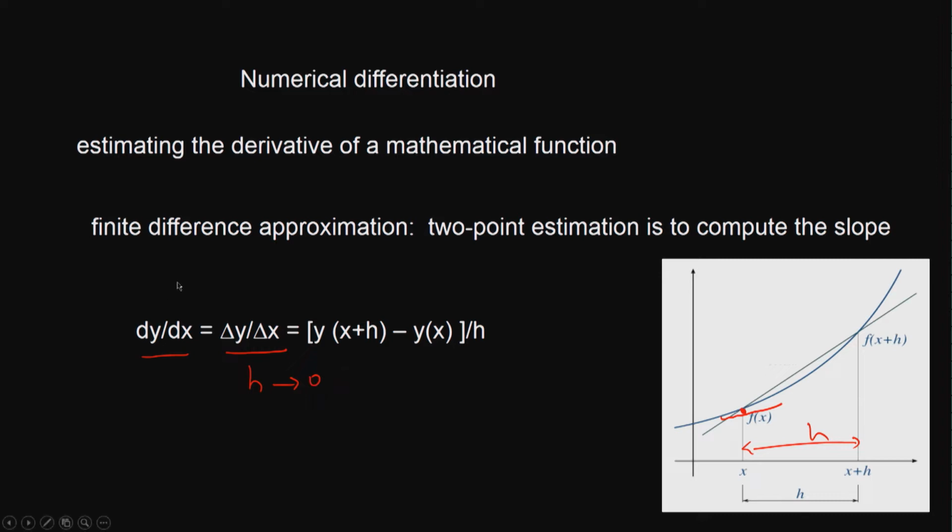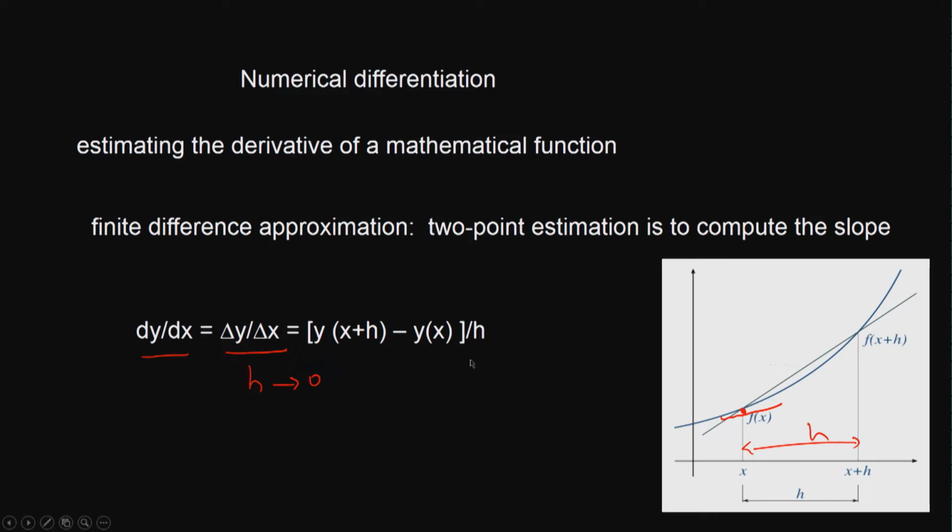So this normal simple 2-point method calculates the dy by dx as you go along the slope. The error in this particular case is in the order of h square, which could be very high.